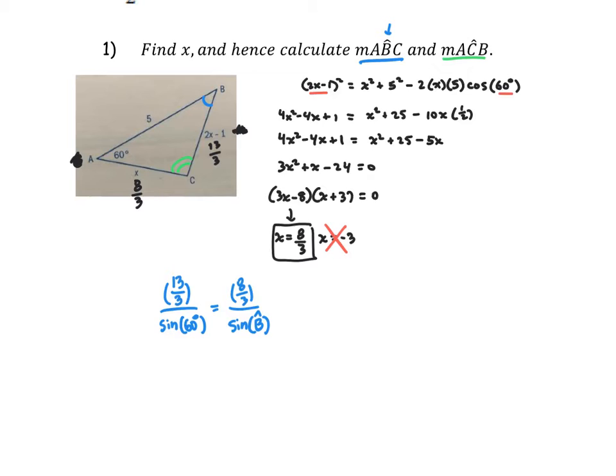Okay, now at this point, you guys might be comfortable with this, maybe not, but algebraically I can drop those 3's. So cross multiplying, I'd get 8 sine of 60 is equal to 13 sine of angle B. All right, I'm going to divide both sides by 13. That yields for me the sine of angle B is equal to that expression.